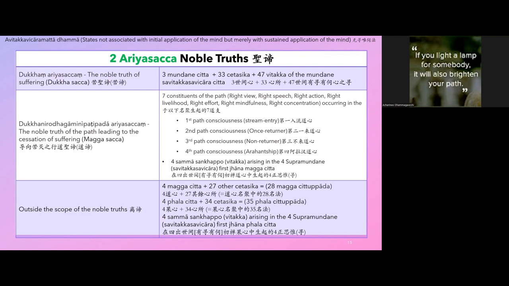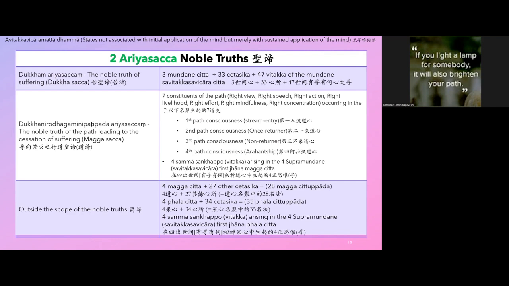And outside the scope of the noble truths, we get the remaining 4 second jhana magga chitta, together with the 27 other cetasika. This gives rise to 28 magga chittuppada and 4 phala chitta and 34 cetasika. That is 35 phala chittuppada. These are the second jhana magga and phala chitta cetasika.